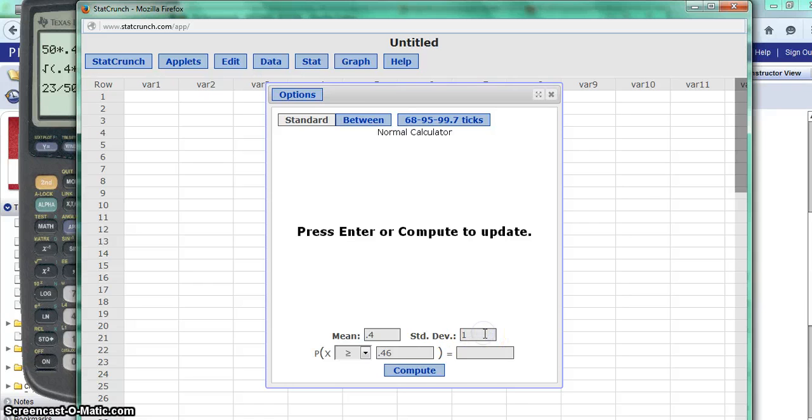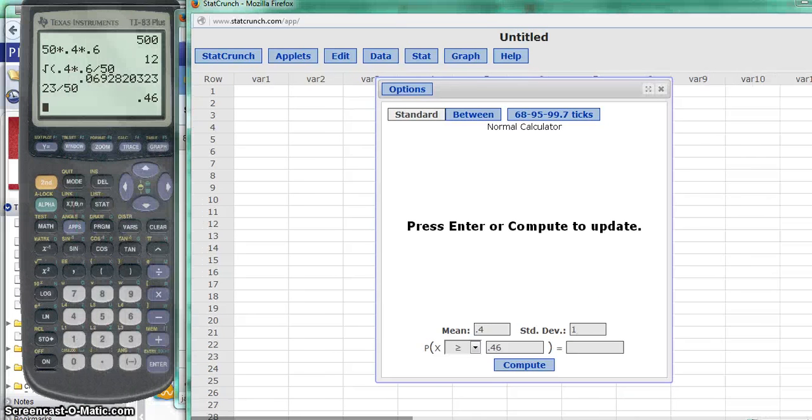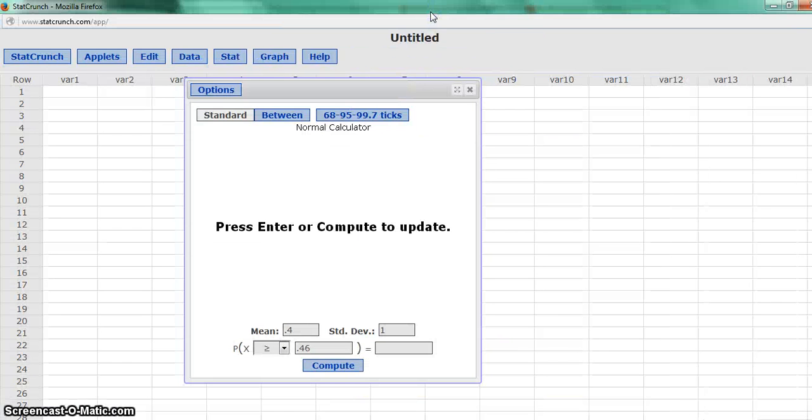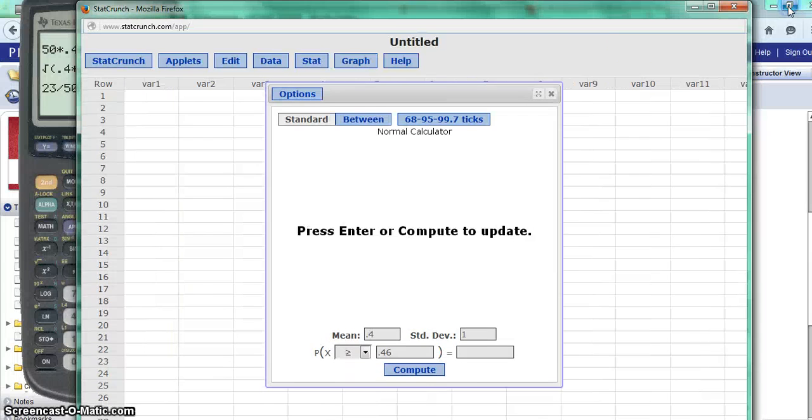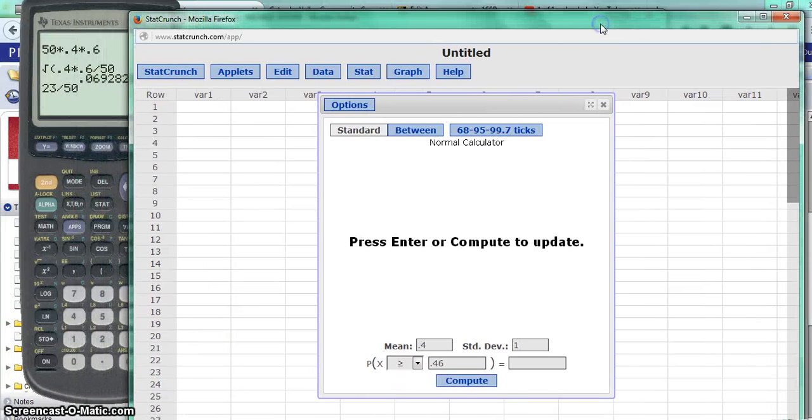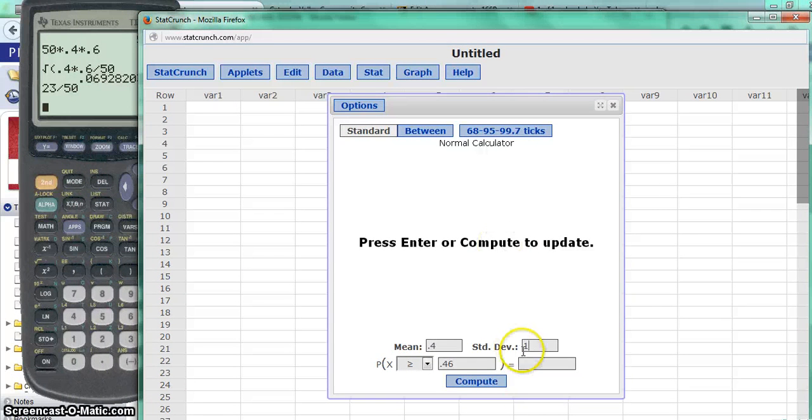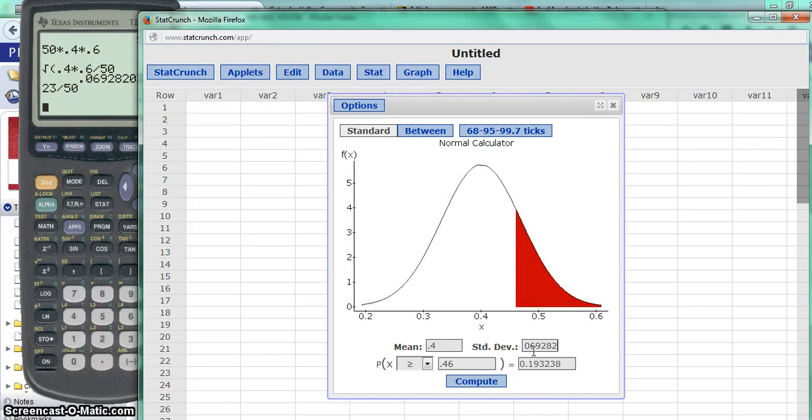And now let's plug in that standard deviation, which was 0.069282. So that means 19% of the time we'll get 23 or more. Again, 23 out of the 50 is that 0.46. So we get 0.1932.